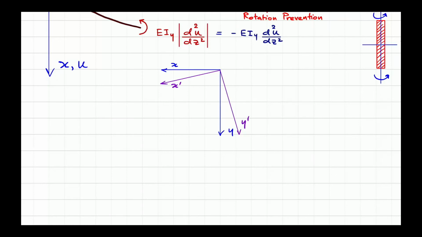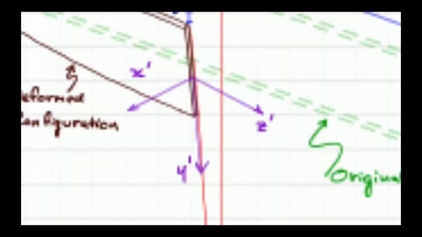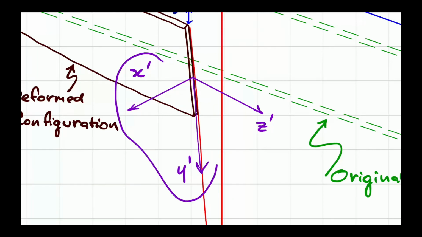The angle we have in between, you look at this, you see these definitions of the angle. We call this angle gamma. So the gamma is the angle of twisting of the cross section that we are considering. This gamma is going to explain how the X prime and Y prime rotate in comparison with the original angle.